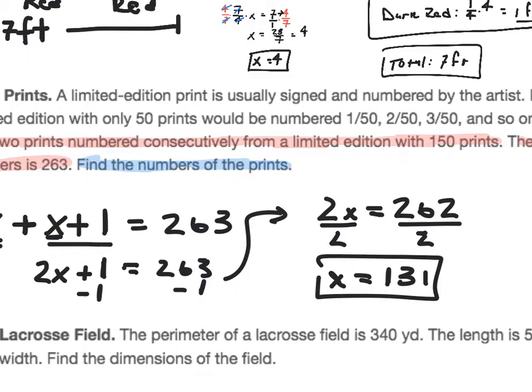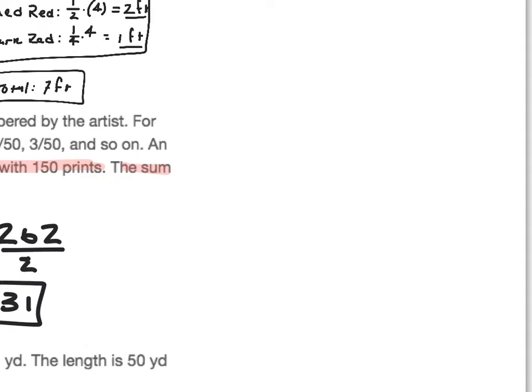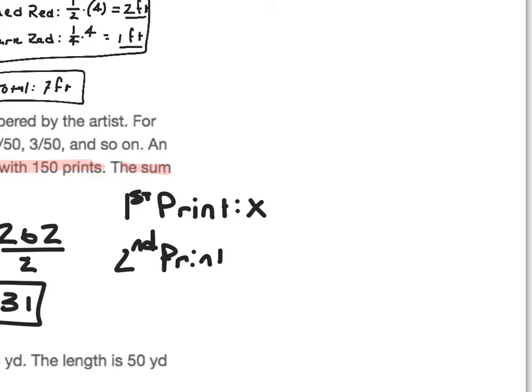Now here's what I've got. My first print has the value of just x. My second print has a value of x plus 1.